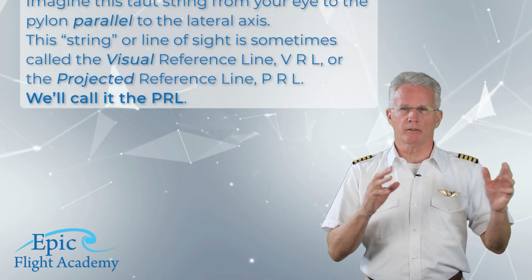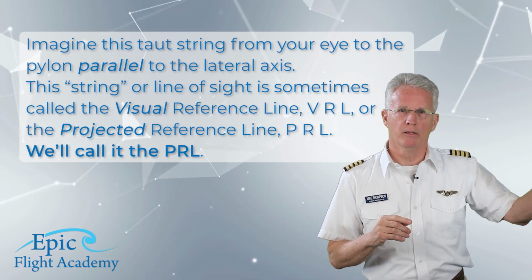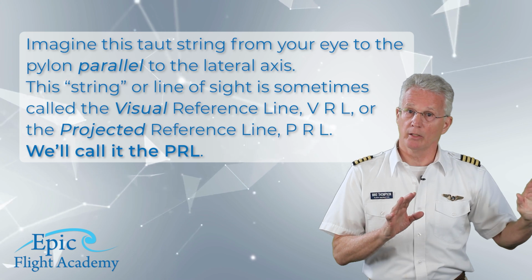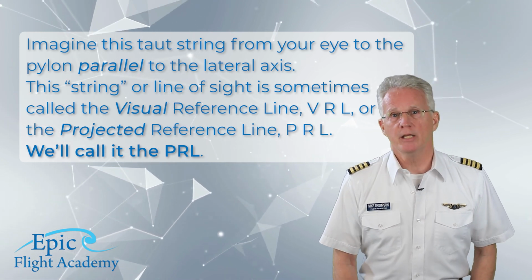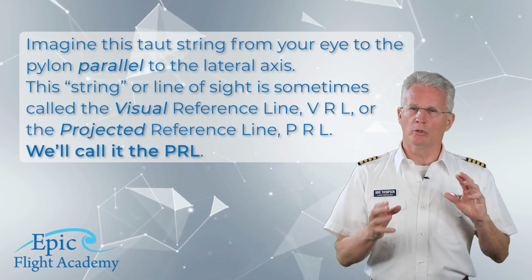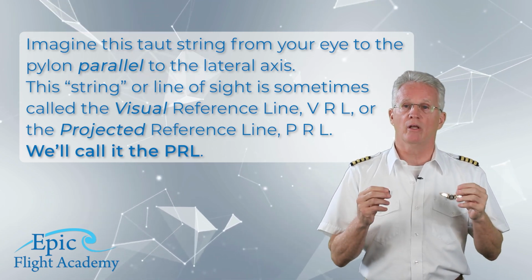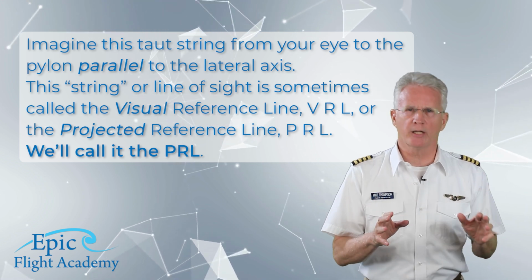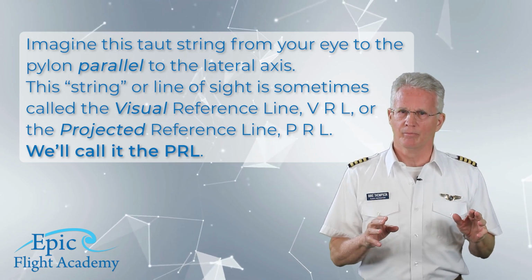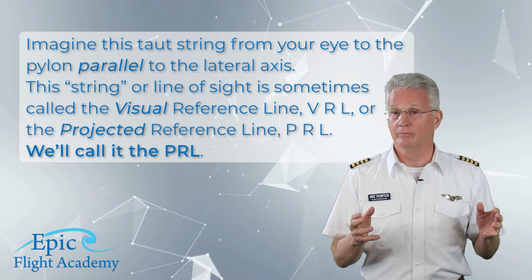Imagine this taut string from your eye to the pylon parallel to the lateral axis. This string, or line of sight, is sometimes called the visual reference line, or VRL. Or it's sometimes called the projected reference line, or PRL.